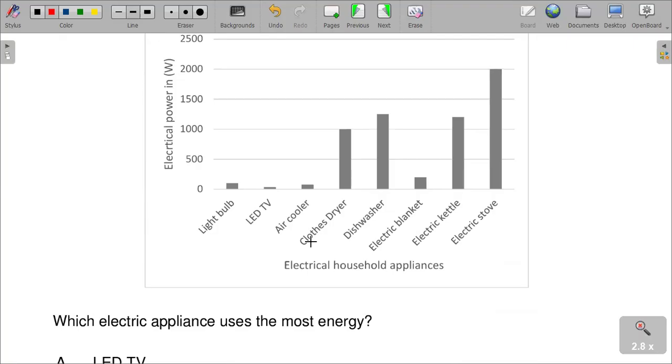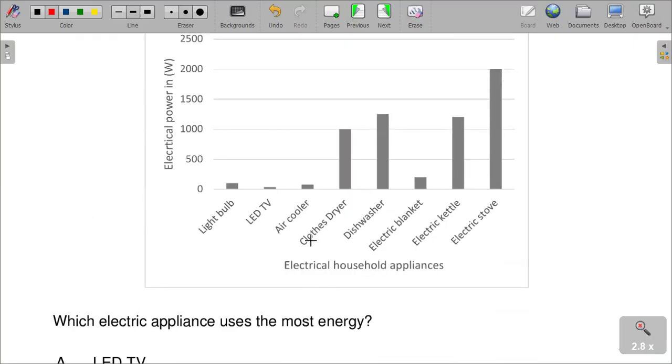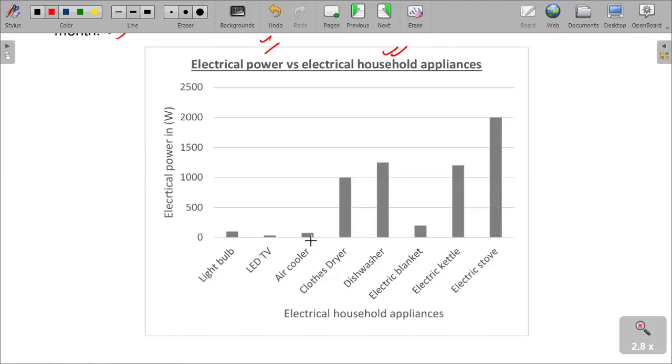The question is, which electric appliance uses the most energy? You can see electrical power in watts. The one that uses the most energy, you can see by the length of the graph.